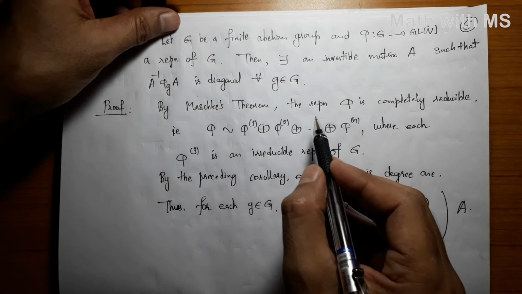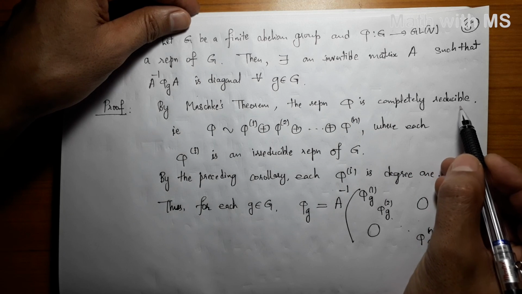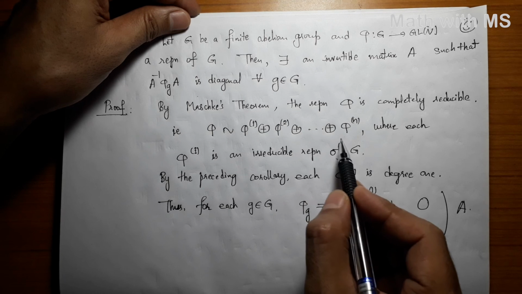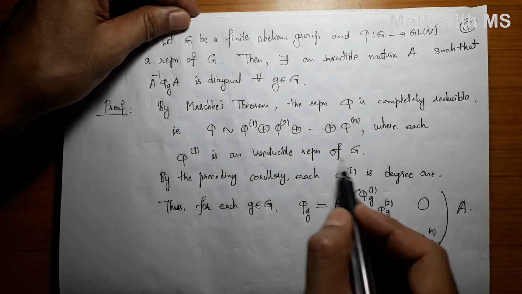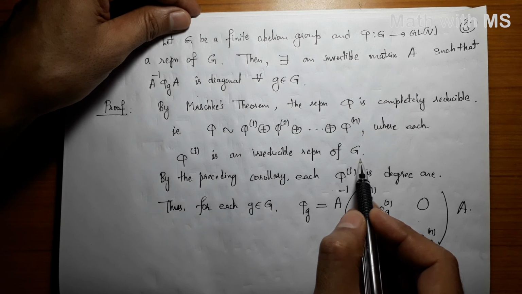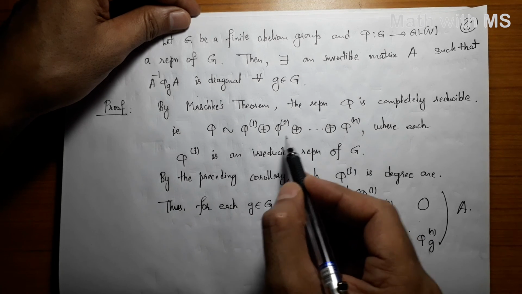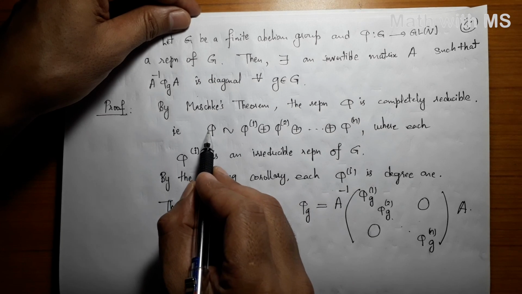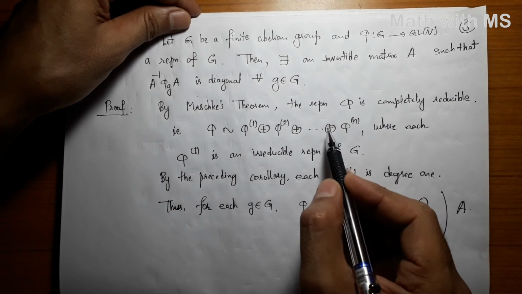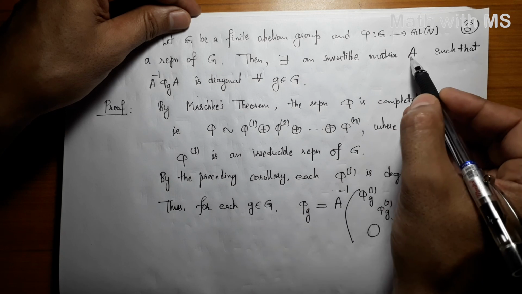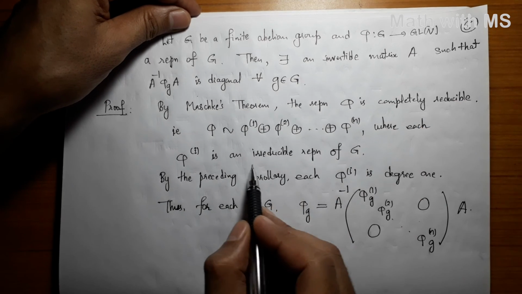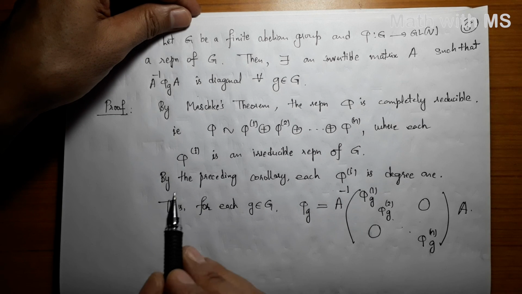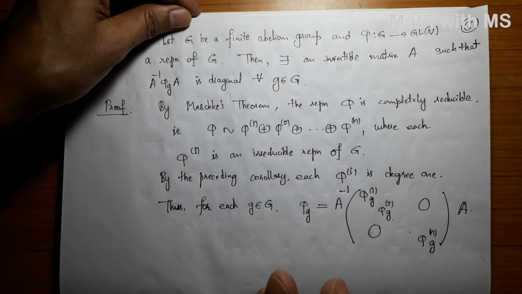Since the representation is completely reducible, just by definition, phi is equivalent to a direct sum of finitely many irreducible representations. That means there is an invertible linear transformation of the vector space to itself such that this representation is equivalent to this via the transformation A. So the corresponding matrix we denote by A only. But the preceding corollary tells you that every irreducible representation of an abelian group is of degree 1.